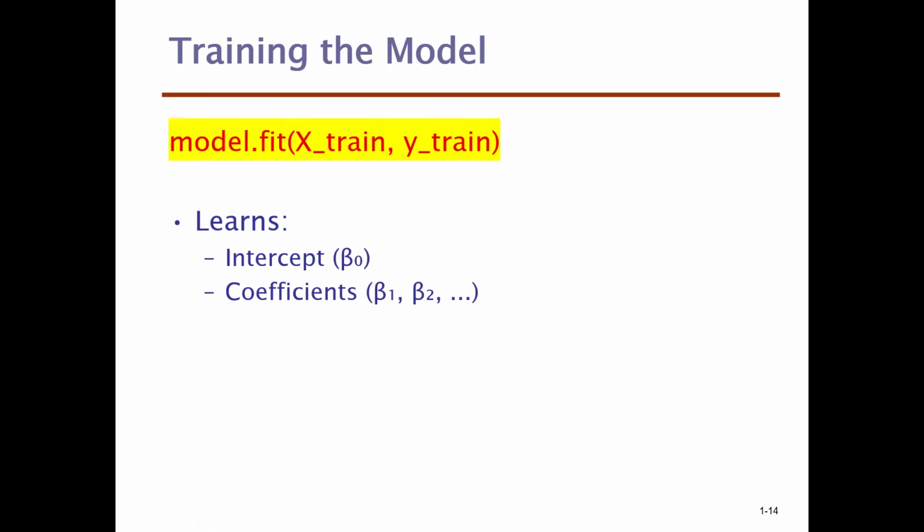So this is where we train the model now. It's model.fit, with the X_train argument and the y_train. This will learn the intercept, the coefficients; all the parameters will come into play automatically. The .fit is very important. It's where the learning happens.